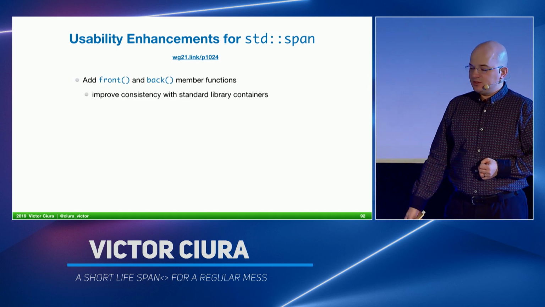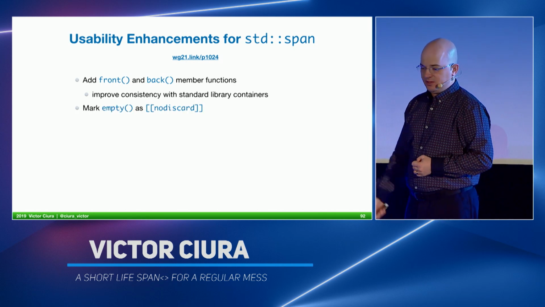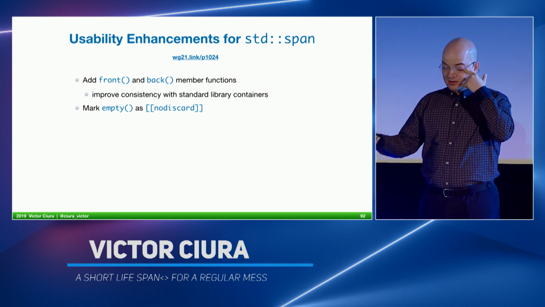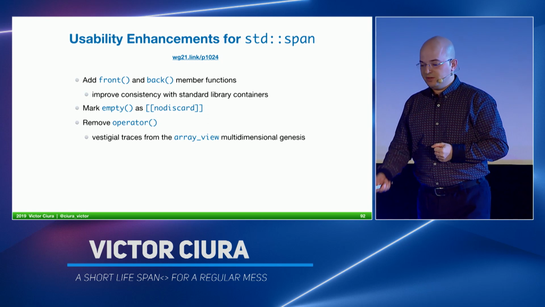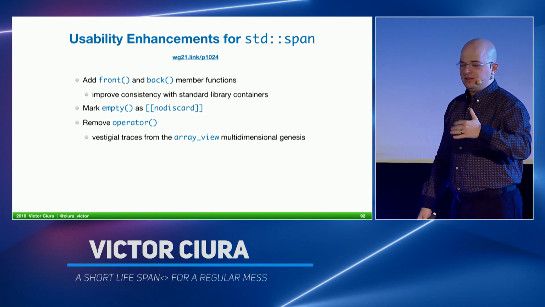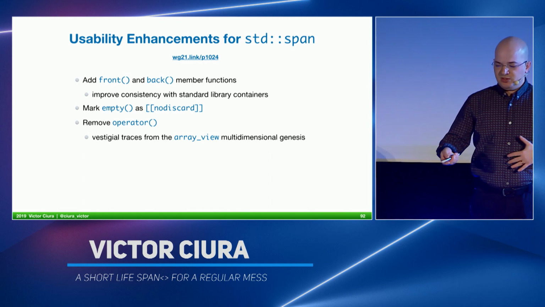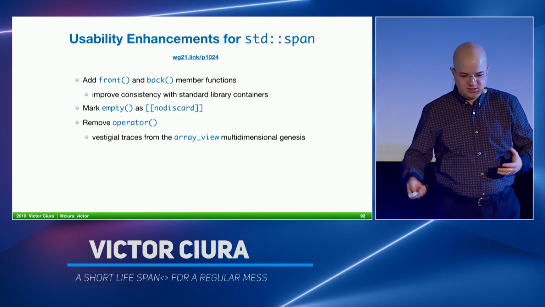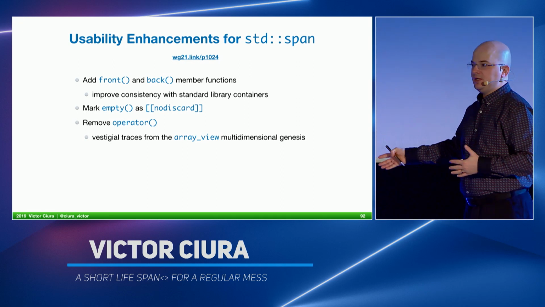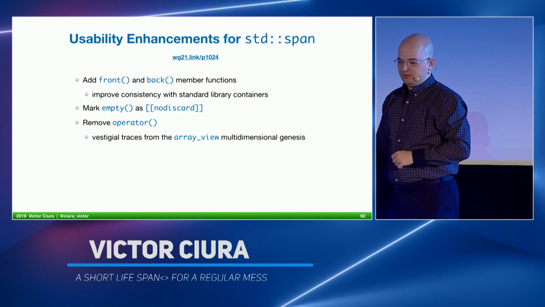So we added front and back functions to improve consistency with standard library containers, like vector. The empty method was marked as nodiscard, just as it is with vector. We lost this operator in parens. This was a leftover from the original design, because initially it was intended to be a multi-dimensional array view. We now split this proposal. We have a separate proposal for multi-dimensional arrays, and that's going to land in the future, maybe C++23.